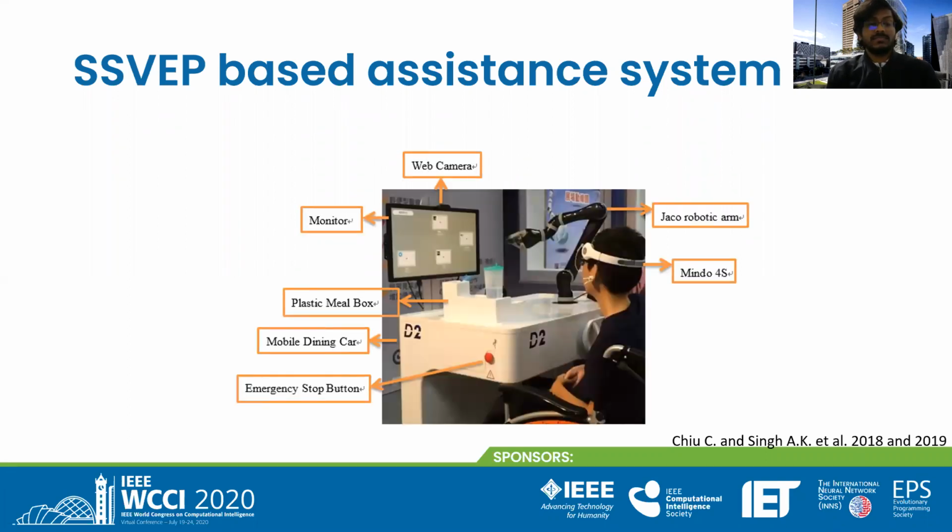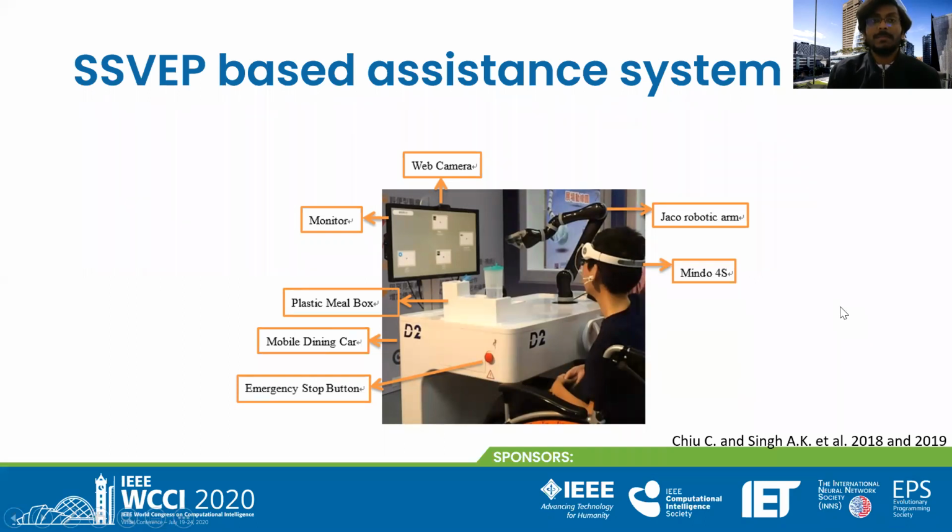The system looks pretty much like this, presented in this picture here. The system contains an EEG system, a big screen with a bunch of stimuli for SSVEP, and this whiteboard is a plastic meal box which has lots of blocks in there, and this water bottle, and of course there's a robotic arm and other emergency things, and somewhere in the corner there's a computation unit, which is a CPU, to process this whole thing.